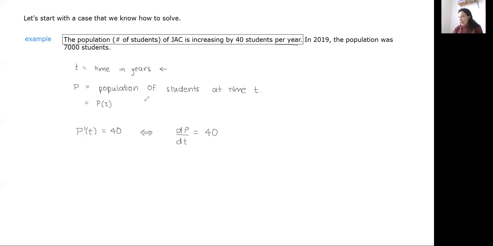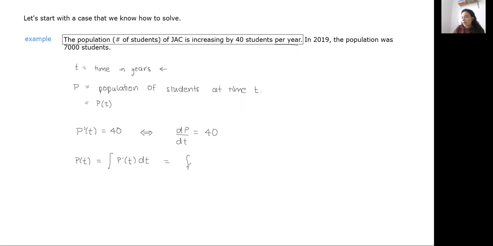That's nice. So now, at the beginning of the semester, we said that if I do integration, I know that I can recover the original function from the derivative. So if I want to know what the population is at any given time, I'm going to integrate this. P of t is equal to the integral of P prime of t dt.